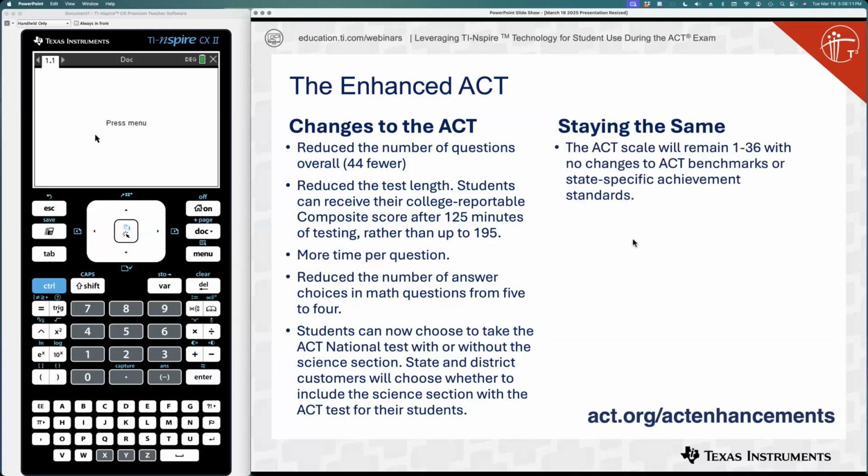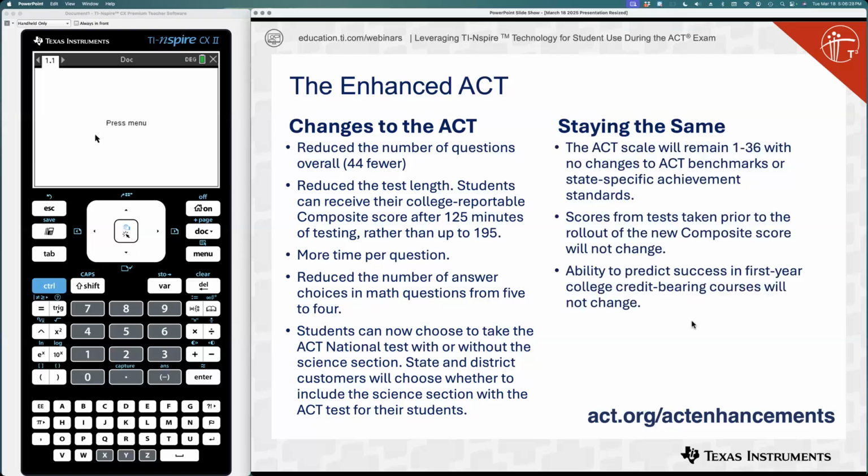What is staying the same? Well, we're still going to get a score from 1 to 36. There's no change to the benchmarking. There's no state-specific achievement standard changes. Scores from tests taken prior to the rollout of the new composite score will not change. So they are going to change the composite score as this rolls out.